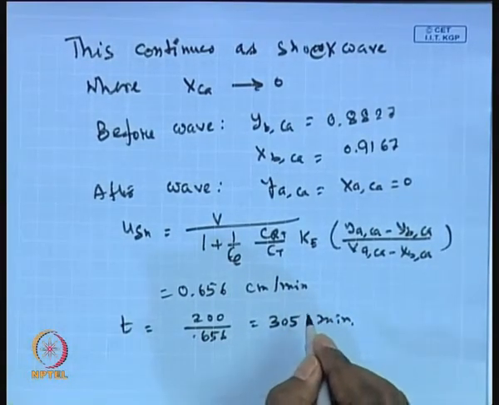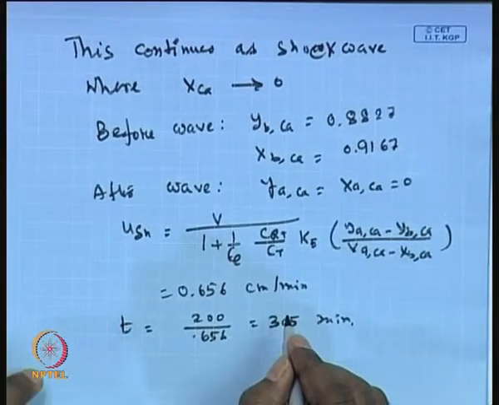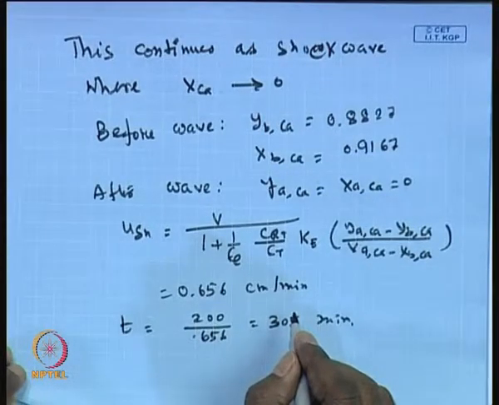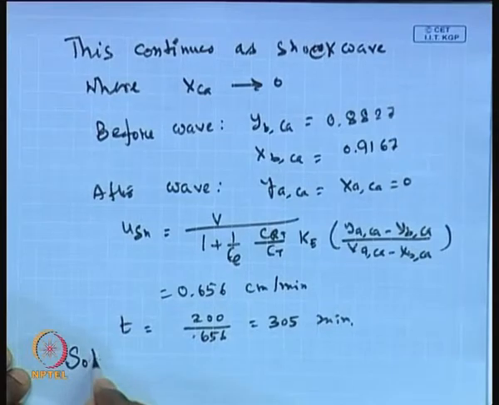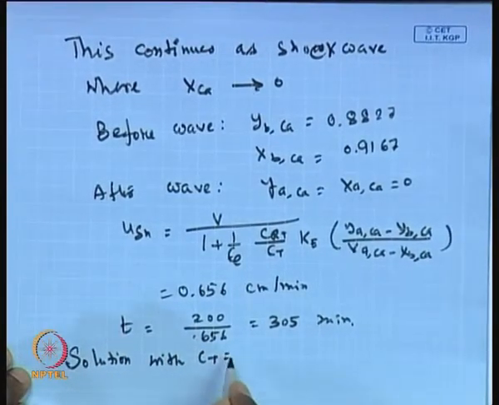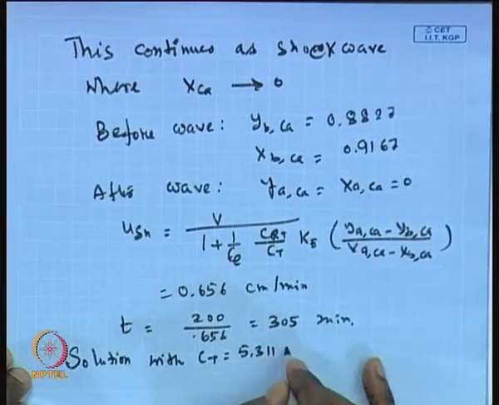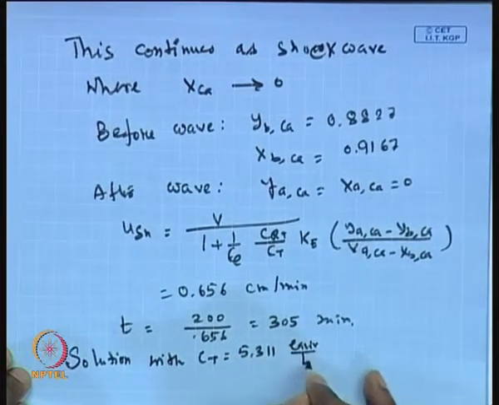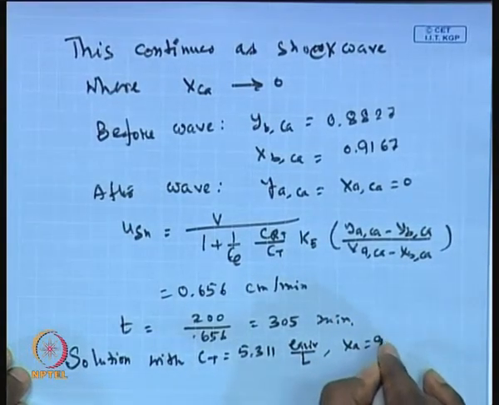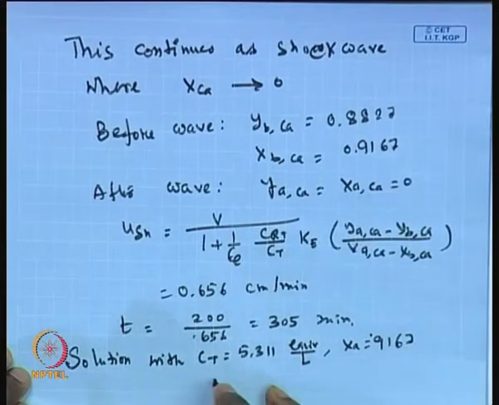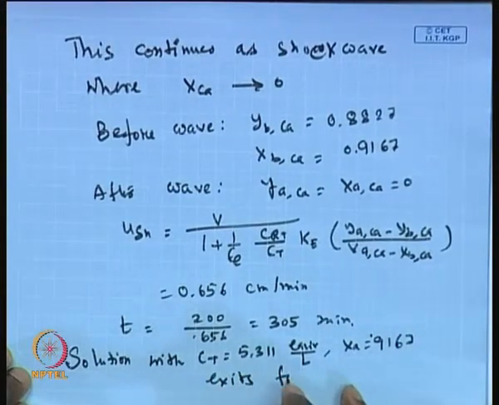Now, this time is about 145 minutes after the total ion wave exits. Thus, the solution with Ct equal to 5.311 equivalent per liter and XCa 0.9167 exits for 145 minutes.